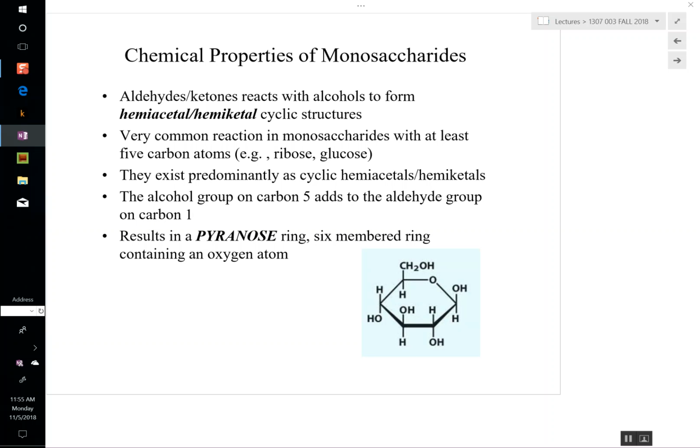You kind of know that because that's where the molecule ends. It ends at a CH2OH, whether it be glyceraldehyde or glucose. The carbonyl, that oxygen right there, has become an OH. 1, 2, 3, 4, 5, 6.